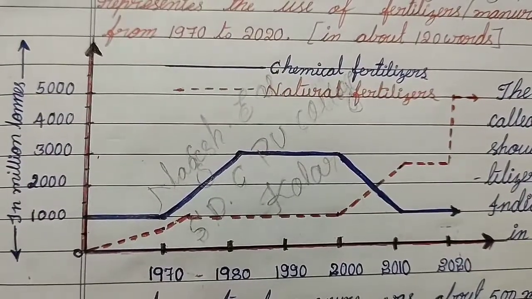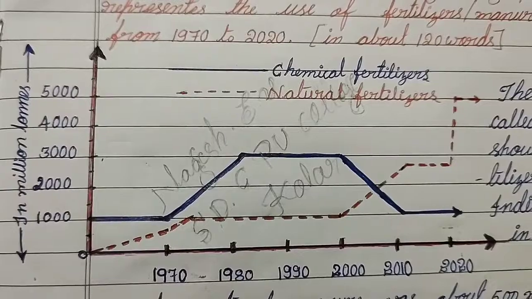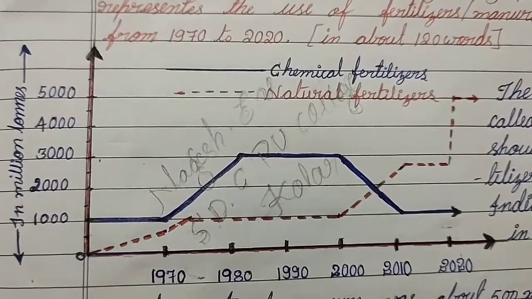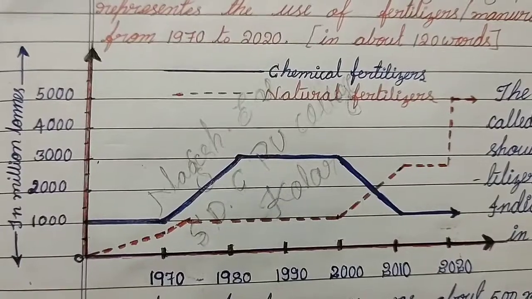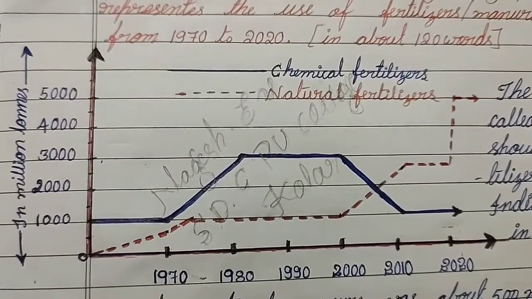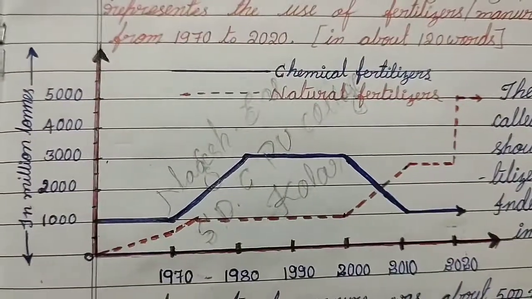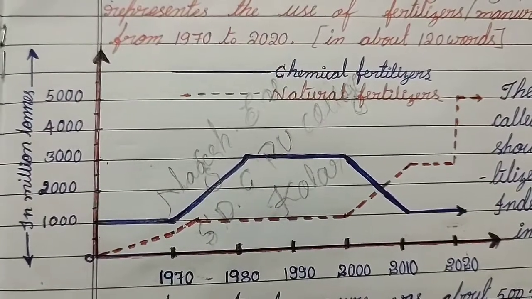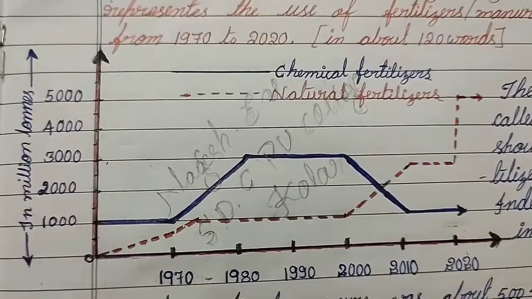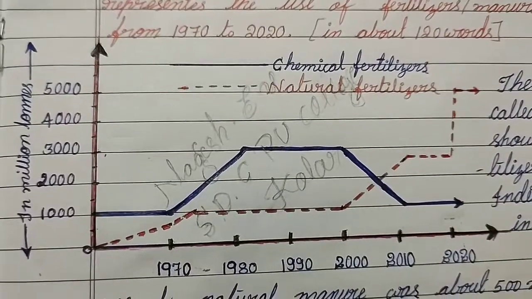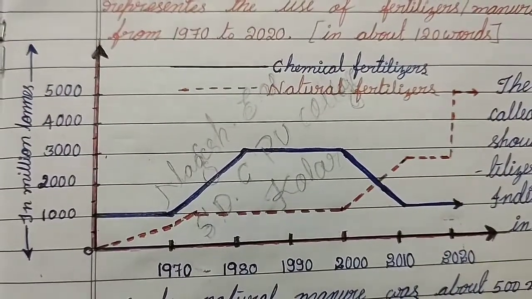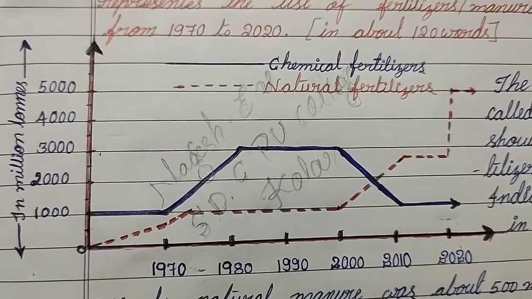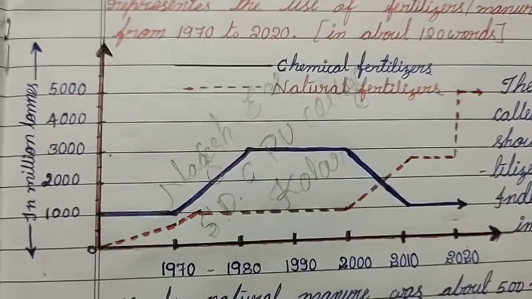The normal line represents the chemical fertilizers and the dotted line represents the natural fertilizers or manure being used by Indian farmers. The standing line represents the fertilizers used by the farmers in million tons, and the sleeping line tells us about the survey done by some department, from 1970 to 2020.